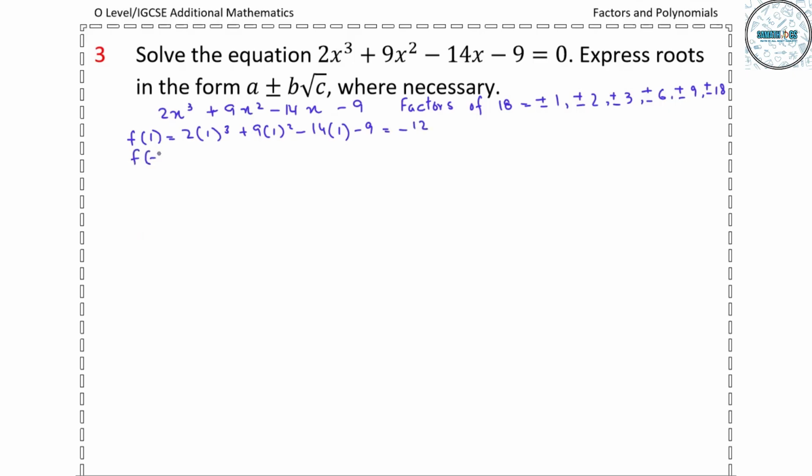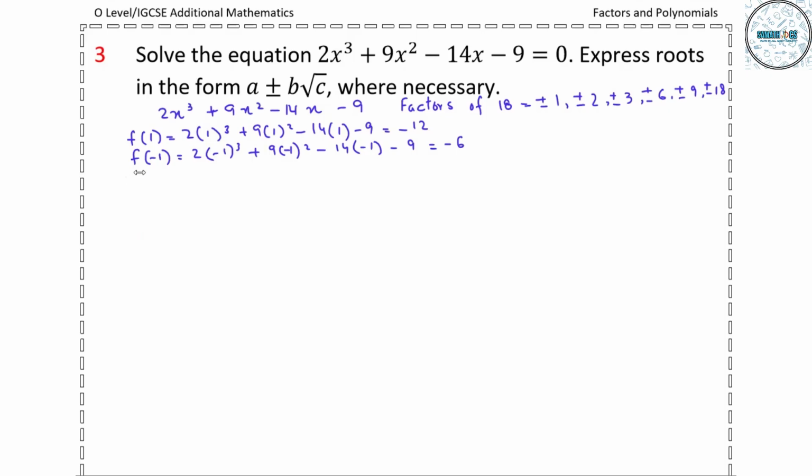We will check with minus 1: 2 into minus 1 cube plus 9 into 1 minus 14 into minus 1, then minus 9, which is equal to minus 6.